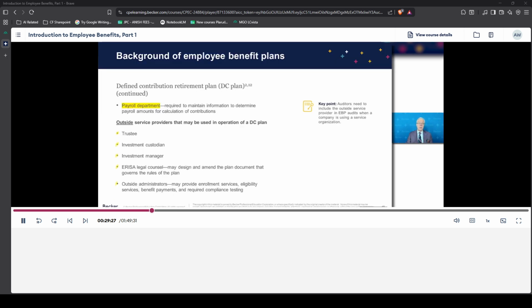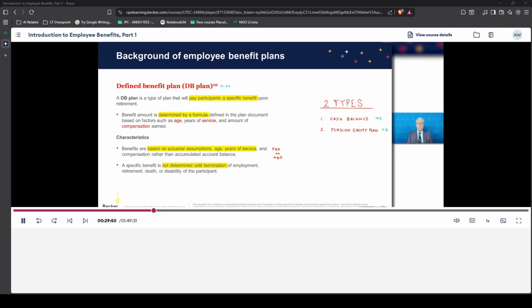And of course, the payroll department. It's required to maintain information to determine the payroll amounts for calculating your contributions. Now, outside service providers may also be used for a defined contribution plan. You may have a trustee, an investment custodian, an investment manager, an ERISA legal counsel, or an outside administrator.